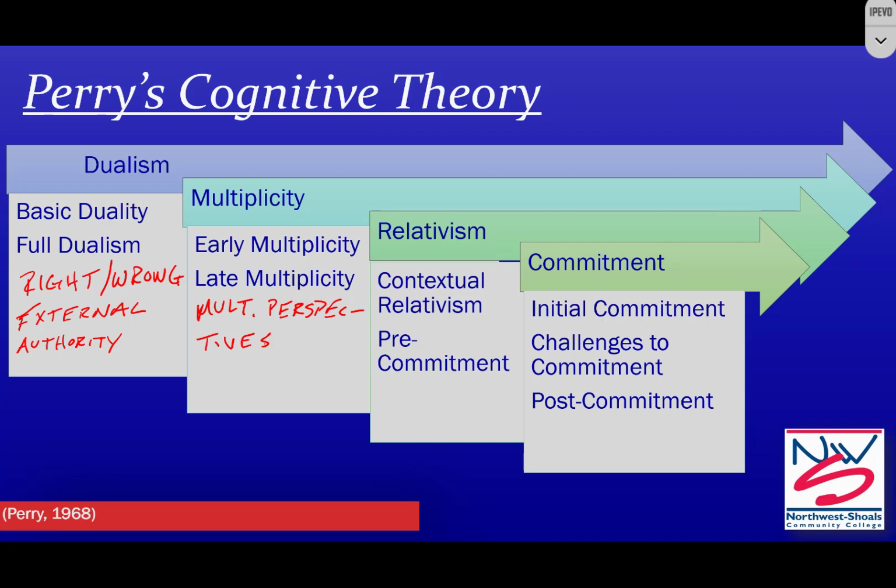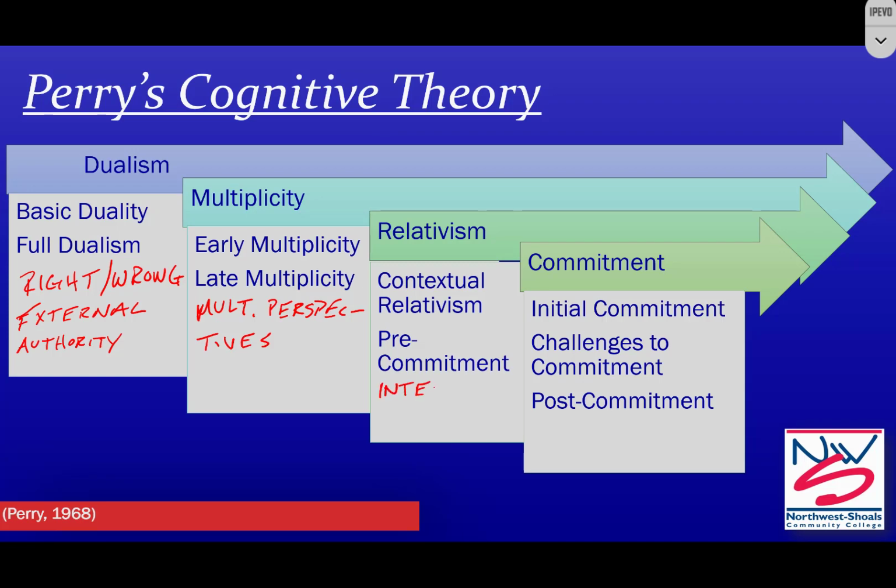And then we move into this state of relativism, right? And this is where we really begin to see the most fundamental shift in this whole process, right? We have a flip of our locus of control being external to internal.